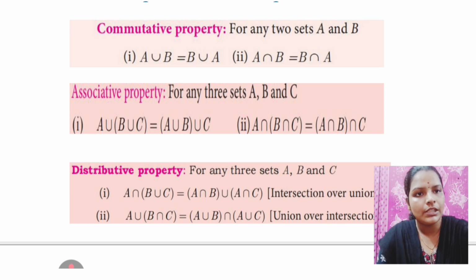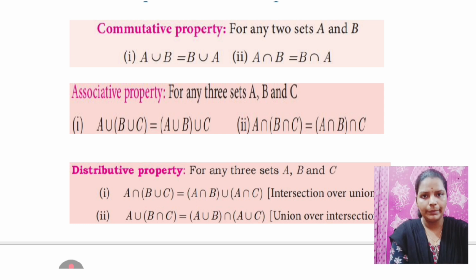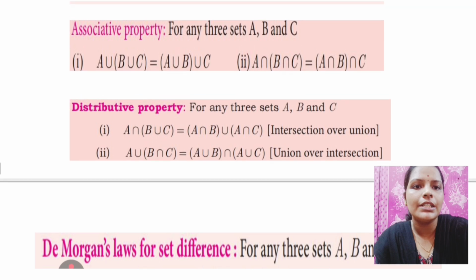Associative property. For any three sets, here we will take three sets A, B and C. This is the property for union: A union (B union C) equal to (A union B) union C. Second, A intersection (B intersection C) equal to (A intersection B) intersection C. Then we have the distributive property.